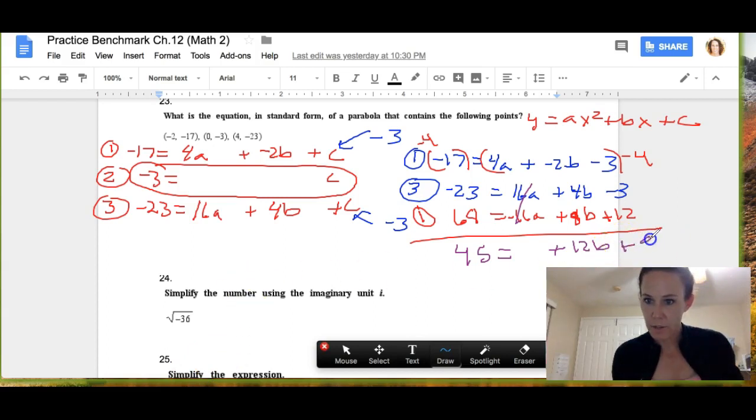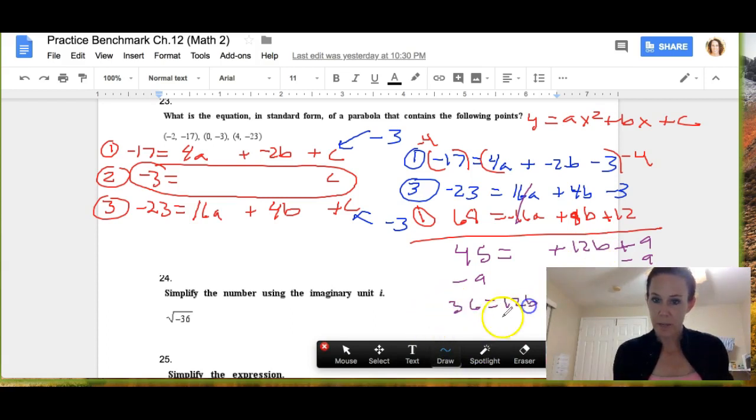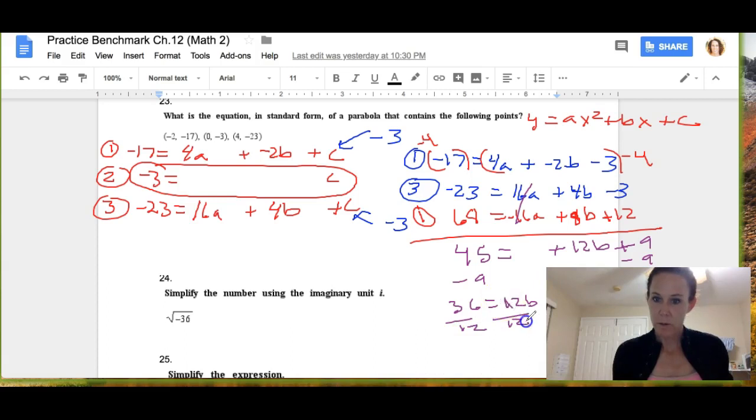So now finish this off by subtracting 9 from this side, 45 minus 9. And then go ahead and divide by 12. So I'm going to get 36 on this side equals 12b. And divide by 12. And I'm going to get b is 3.